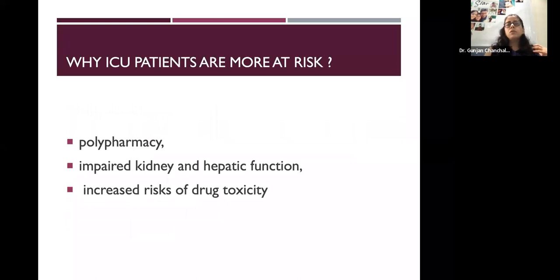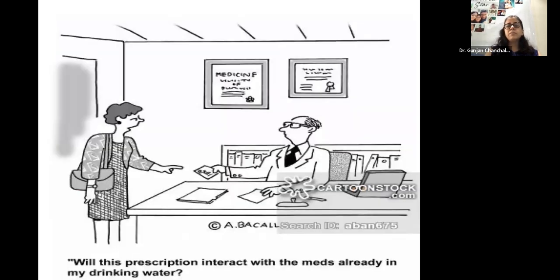As I said, why are ICU patients more at risk? Mainly because they have polypharmacy. We have multiple drugs which are given to any ICU patient because of the multiple organ involvement that they may have. Also, at the same time, they have impaired hepatic and kidney function, which may alter the metabolism of most of the drugs. This puts them at increased risk of drug toxicity and drug interactions.